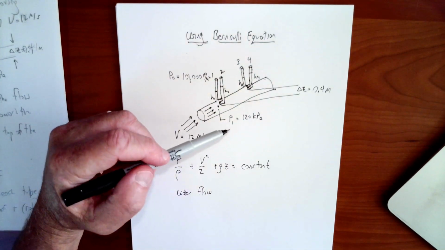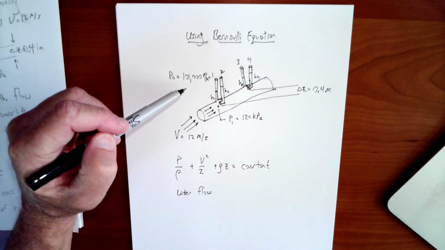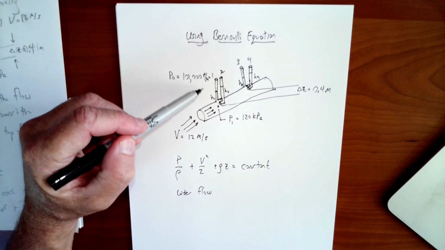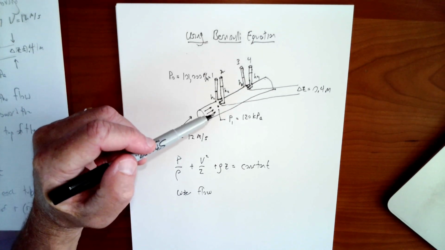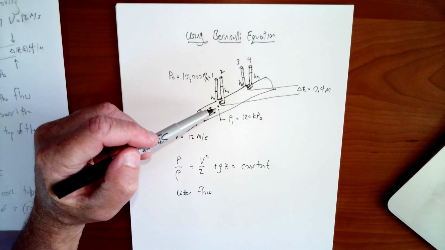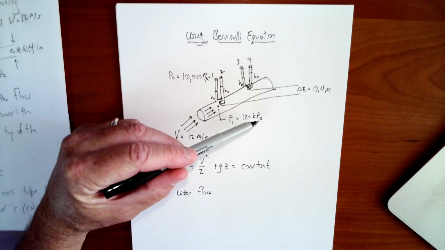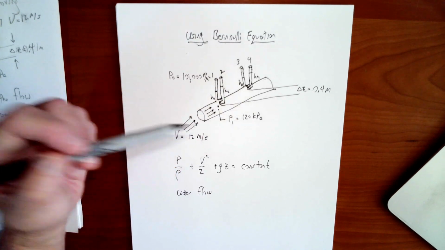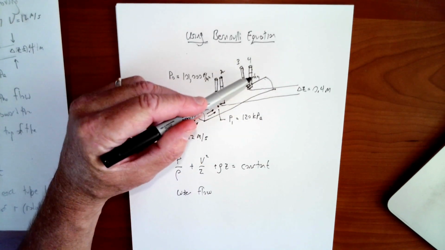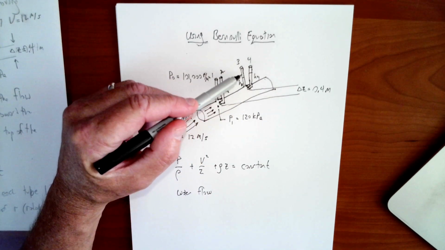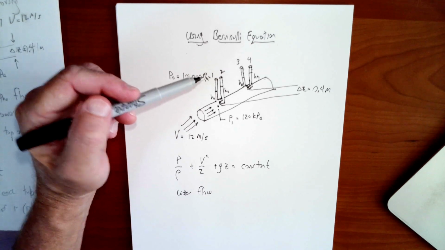We know the pressure outside is 101,000 newtons per meter squared, just one standard atmosphere. And we know the pressure in the pipe at a particular point right here is going to be 120 kPa, and you're asked to find the heights of all these different tubes that have been poked into the pipe as pressure measurements.